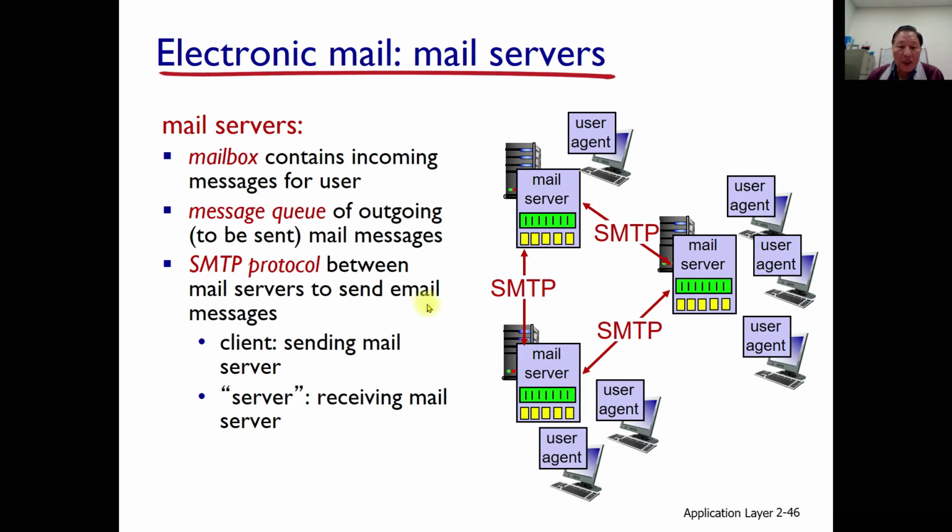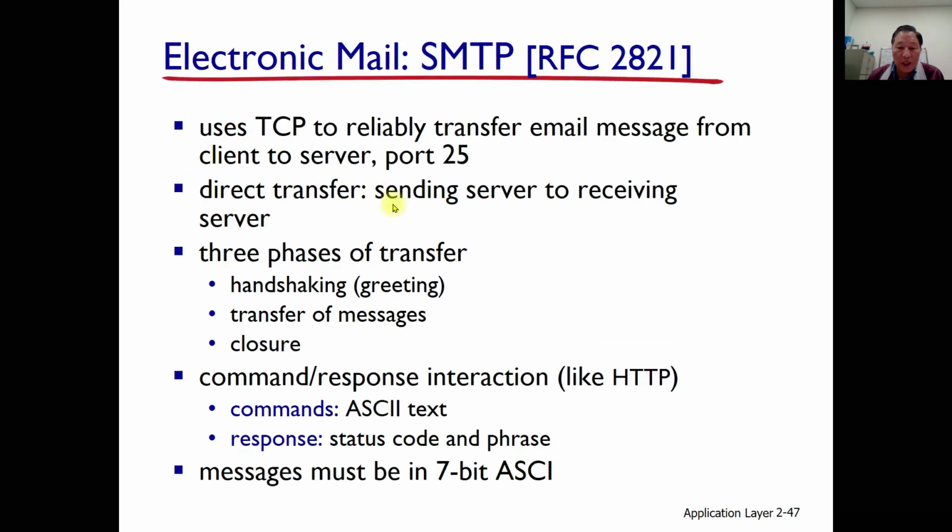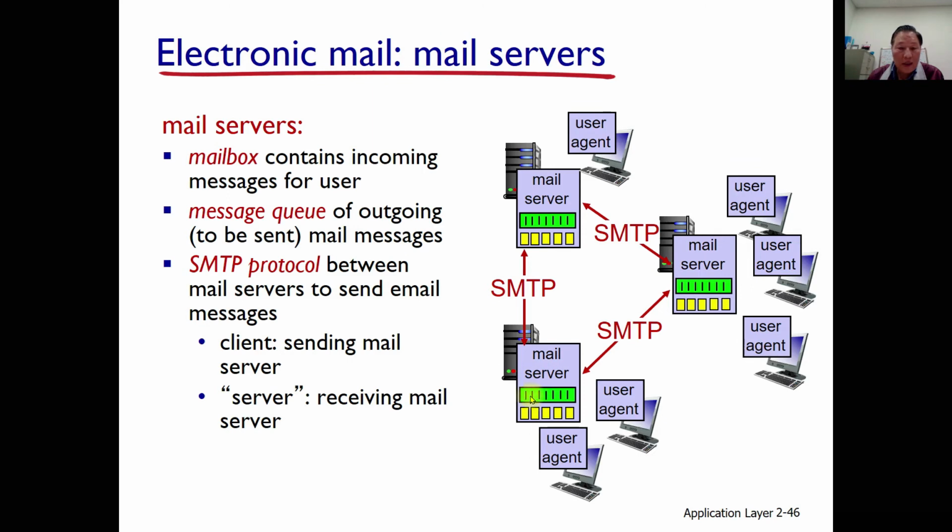Still we are learning about the email, mail server. The mail server's mailbox contains incoming messages for the user here, and a message queue of outgoing mail messages, and the SMTP protocol. Using those mail servers and the SMTP protocol we can send and receive email. The SMTP protocol can be used between mail servers to send email messages.